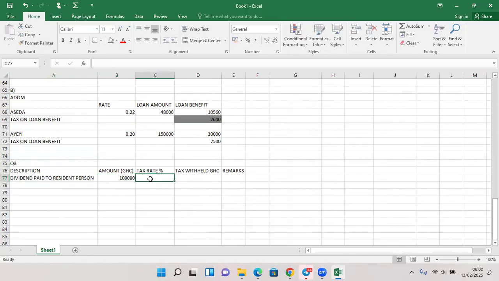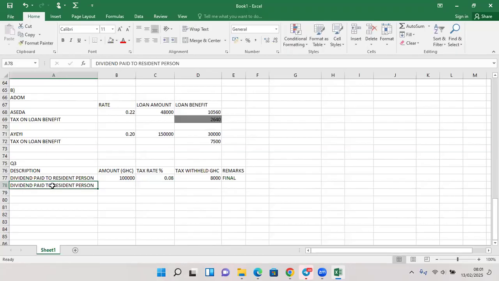And for this one, the withholding tax rate is 0.08. You have to chew it, 0.08. And then the tax that will be withheld will be equal to this times this. And then it's final. For dividend, it is final whether resident or non-resident. It's final.